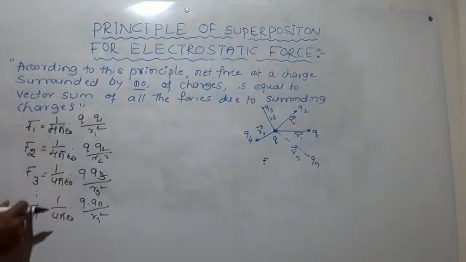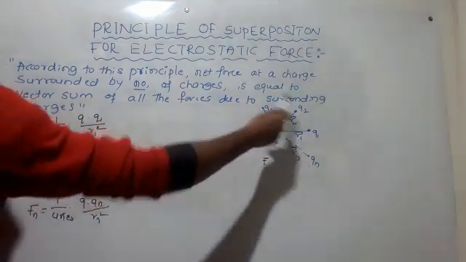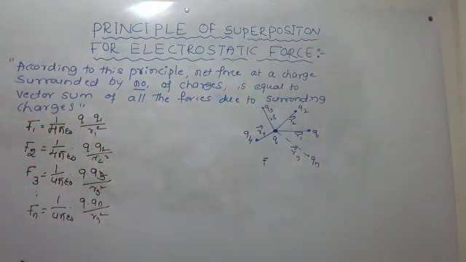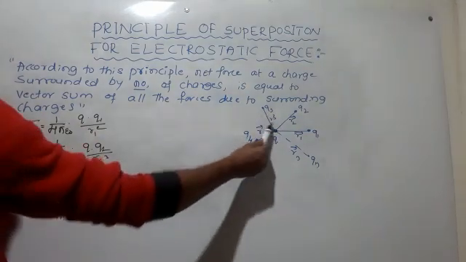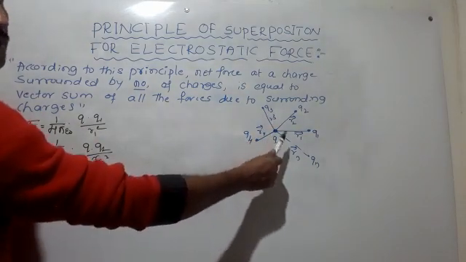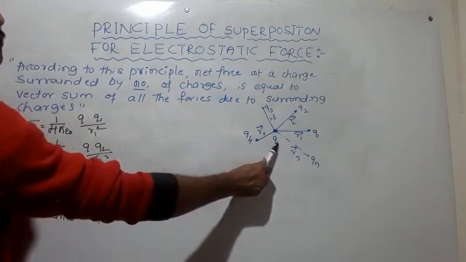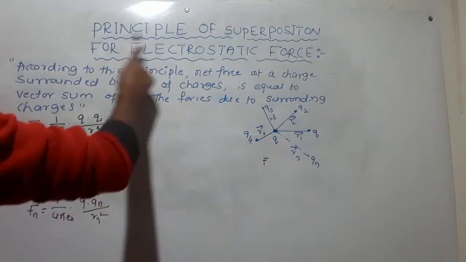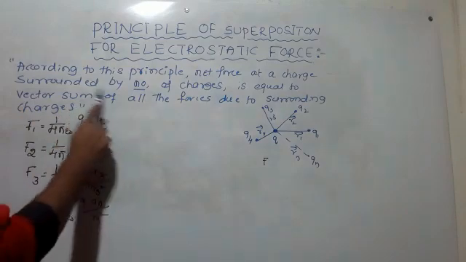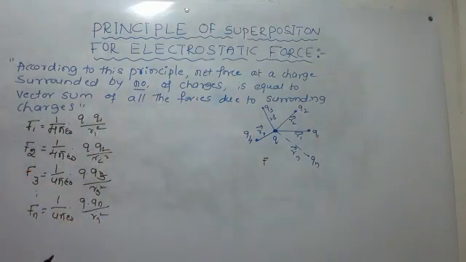Now these are the forces which are acting on Q due to the surrounding charges. Therefore, what is the net force on the charge Q? According to the principle, it should be the vector sum of all the forces.